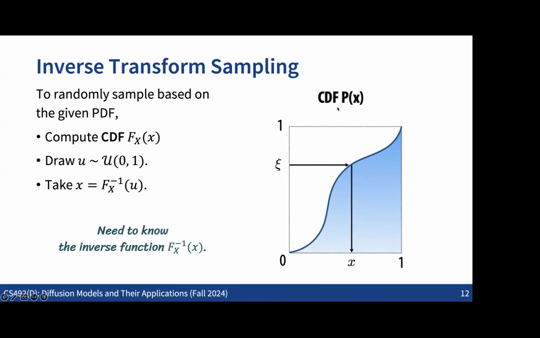Basically, the CDF maps one of the possible values that we can take into the cumulative probability, right? So if we can compute the inverse, mapping from the cumulative probability to the possible value, then based on this inverse function of the CDF, we can map the random value sampled from the uniform distribution in the range 0 to 1 to the possible values x. So this is the basic idea for how we can do sampling given the probability density function.